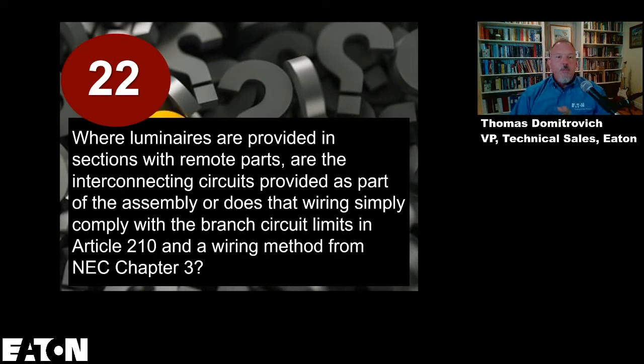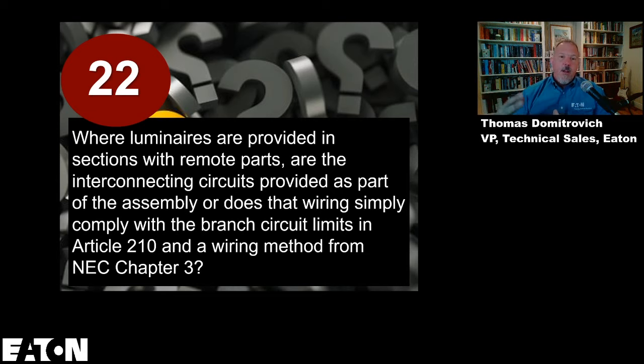All right, so where luminaires are provided in sections with remote parts, are the interconnecting circuits provided as part of the assembly, or does that wiring simply comply with the branch circuit limits in Article 210 and a wiring method from Chapter 3? So where luminaires are provided in sections with remote parts.